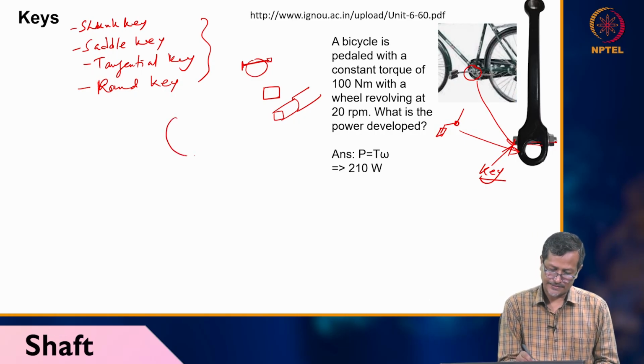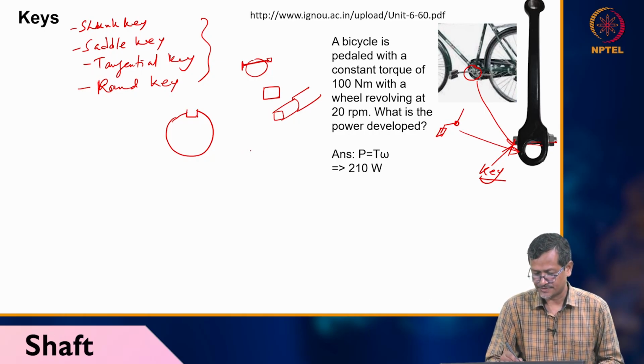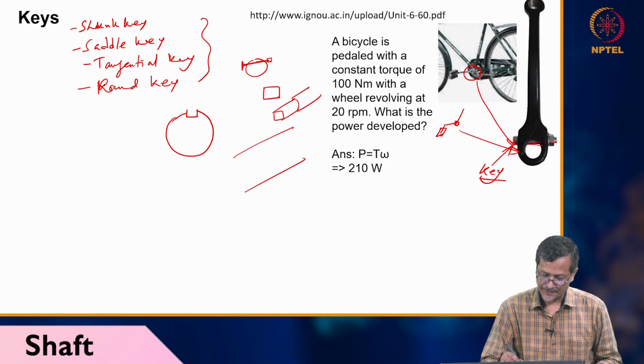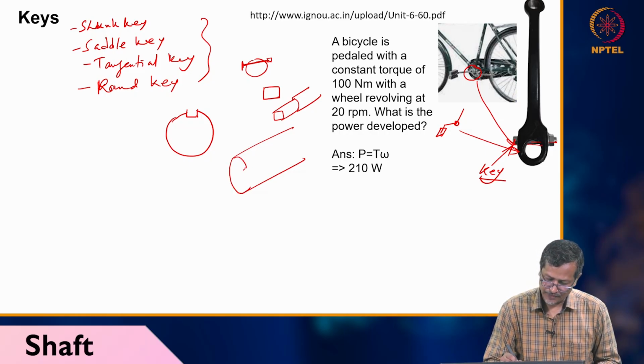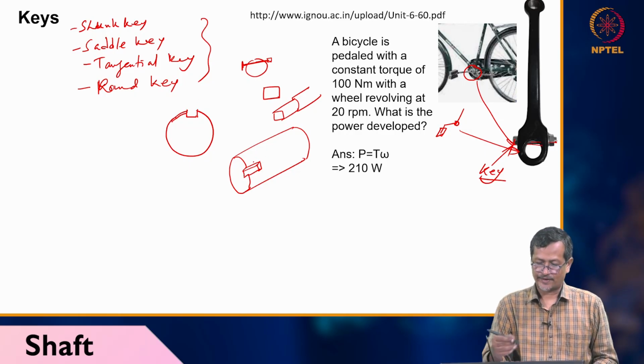So key is like this. One shaft is here. So when I'm making a shaft, at the end of the shaft, let's say I have a shaft here, and like this, and I'll cut a groove like this. Okay, the shaft will be having a groove like this.